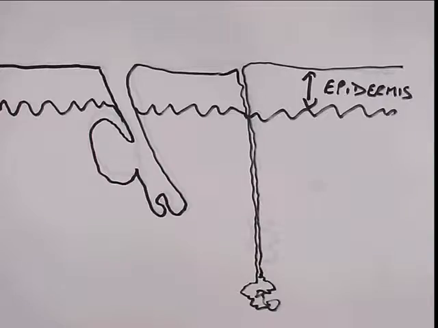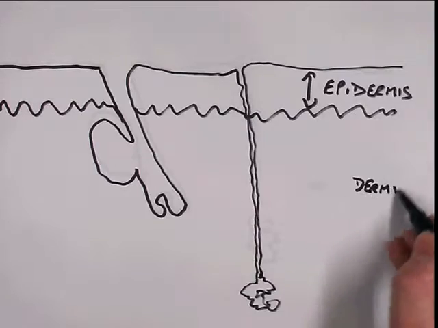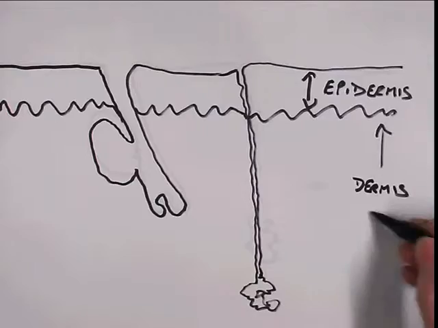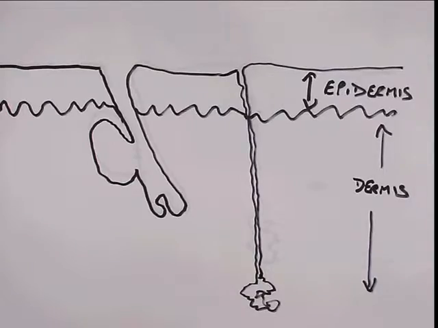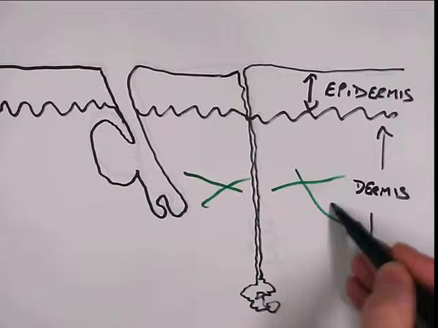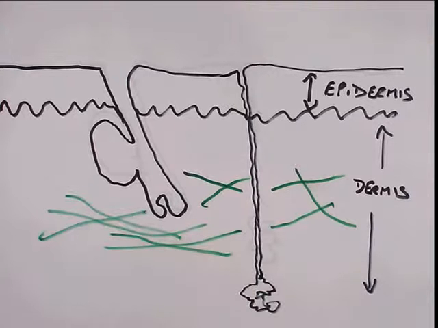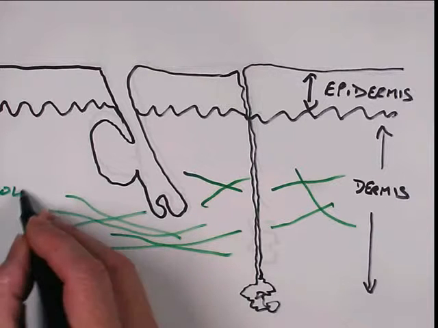Beneath it, we have the dermis, running all the way down here. The dermis is full of lots of collagen fibers. So the dermis is a connective tissue which is full of collagen.